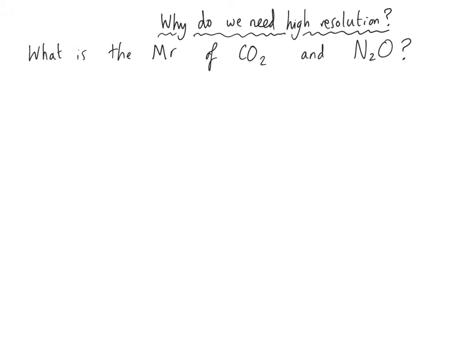The simple mass spectrometers will measure relative atomic masses to more than 1 decimal point. However, your periodic table will express values for only 1 decimal point. So if we just explore this question on here, CO2, we've got carbon, which is 12.0, oxygen, which is 16.0, and we've got another oxygen, 16.0. So the relative molecular mass of that adds up to 44 when you add all of those three together.